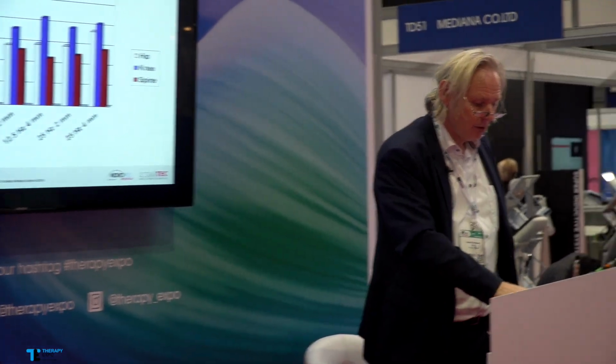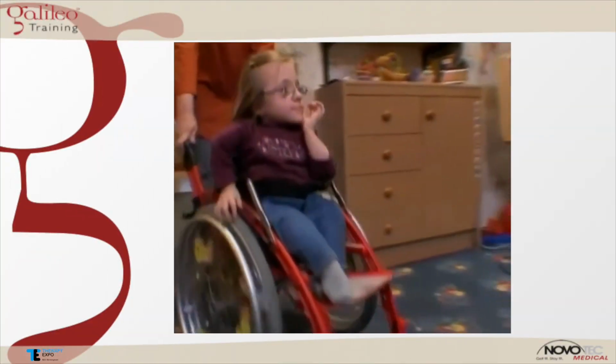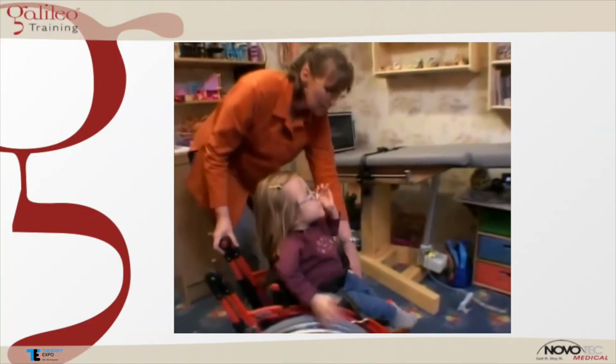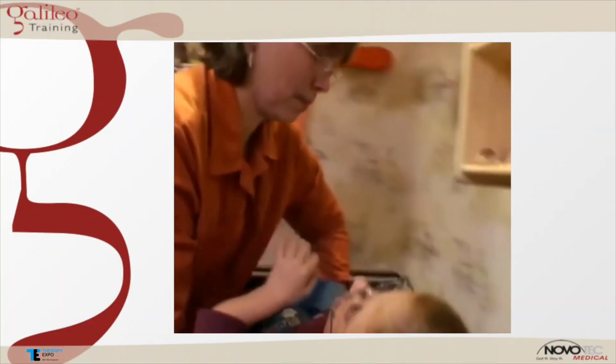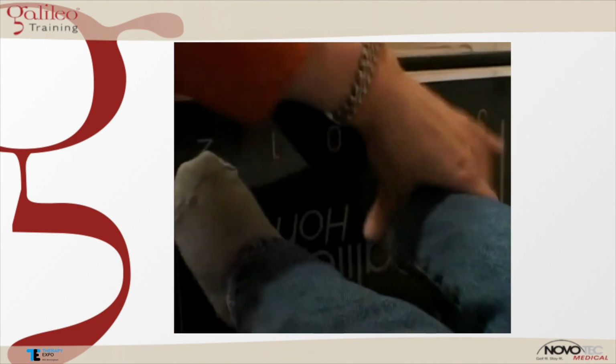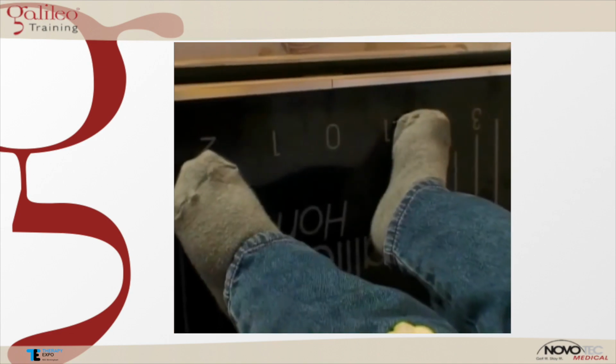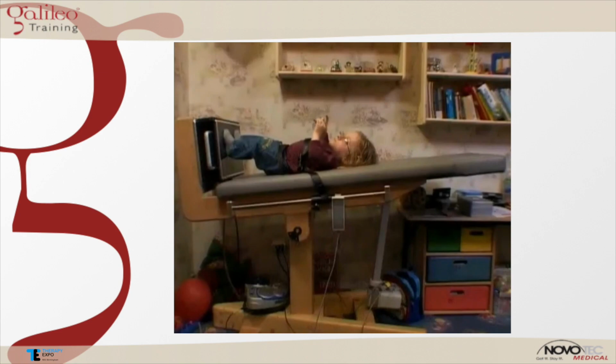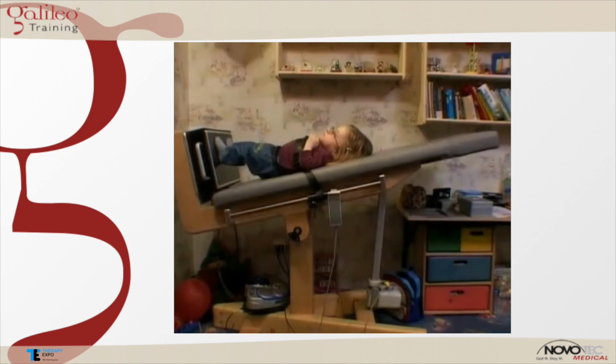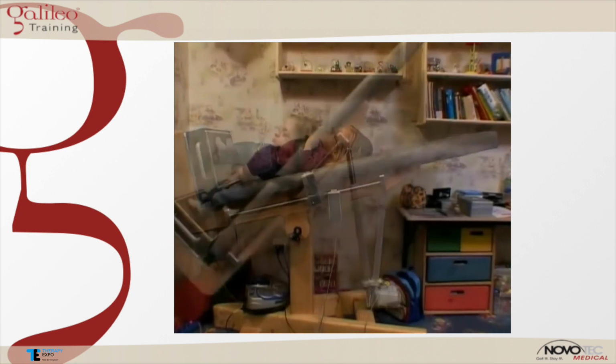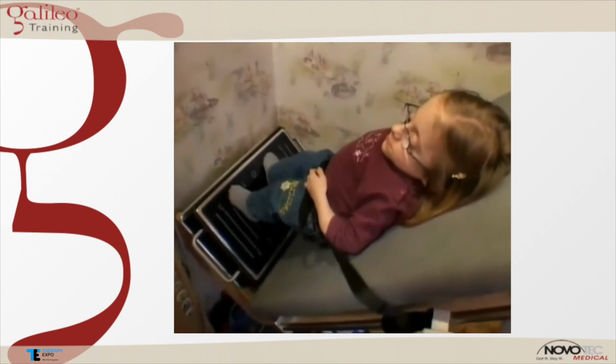And that's the reason why we can even train children with osteogenesis imperfecta, with brittle bone disease. This is a child who is doing the training at home. She's about 8 years old, she has osteogenesis imperfecta, brittle bone disease, and she's doing the training twice a day at home. At the beginning, she started at a quite low level. You can see that she started in this position, and after a certain while, she was improving to a higher position.